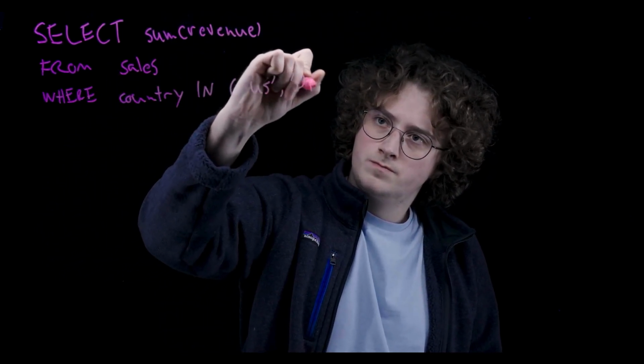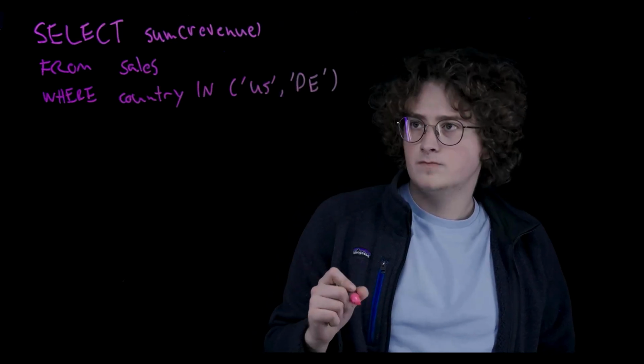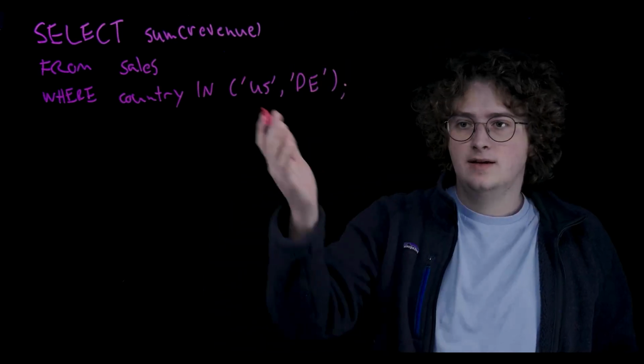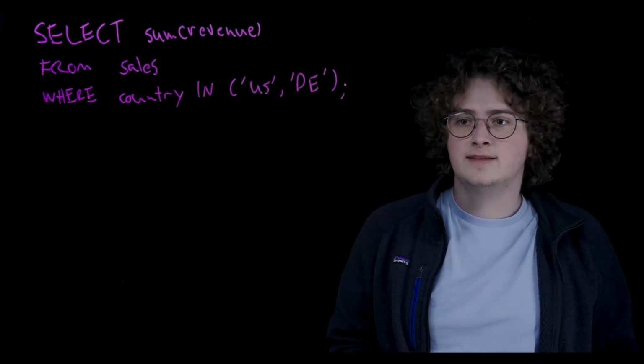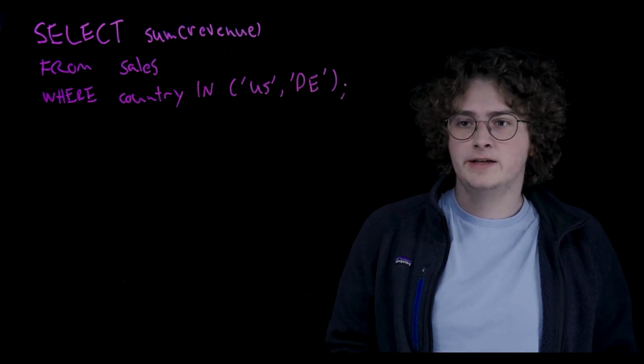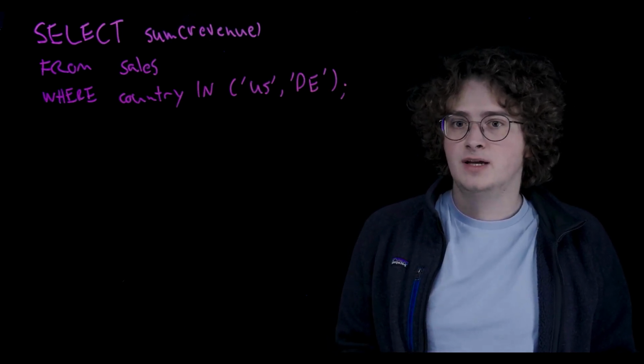Alright, let me get that example query on the board. In this query, we're trying to get the sum of revenue from all our sales in the US and Germany.